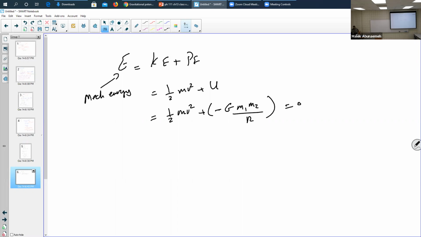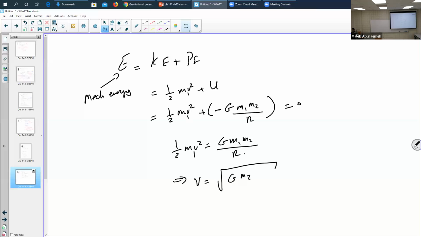Now all of that is going to have to equal 0. That means 1/2 mv squared is going to equal G m1 m2 divided by r. Let's call this one m1 for your first mass. Solving for the velocity, you're going to get the square root of 2 G m2 divided by the radius of the Earth, r. And that's, ladies and gentlemen, the escape speed for a satellite out of orbit.